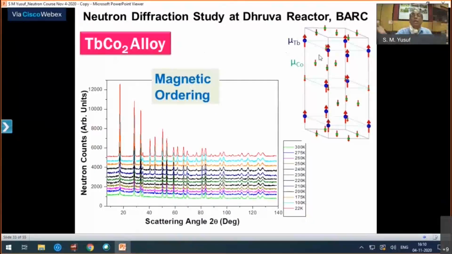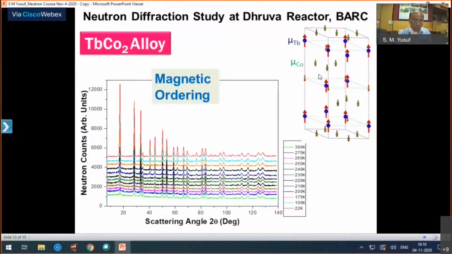On the bulk side, if you do DC magnetization, this kind of material will also behave as if the moments are parallel, but they are not. They are antiparallel but not fully cancelled. I will also show a case where they are antiparallel but exactly the same. That is called an antiferromagnet. I will be giving such examples.